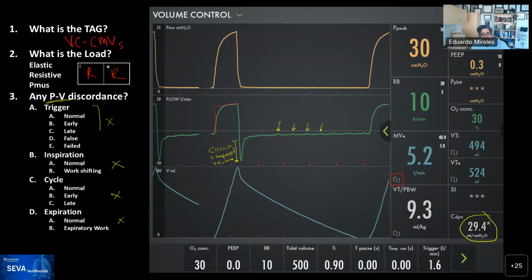Sometimes this becomes more evident as the flow is decaying. It may have to do with how much the airway is distended by the pressure, and how much it transmits or deflects the airway with the cardiac oscillations. You will see them here, but they're not major. They're not generating a lot of flow or abnormalities. So what we see here is a really active resistive load on this patient.